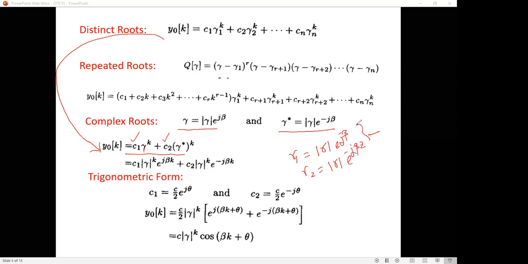They are conjugate to each other. So your general solution will be this. Then you put your values there and you will obtain this. By using simple trigonometry, we can arrive at this equation. So you see that in this equation of classical form, you have two unknown constants, C1 and C2.